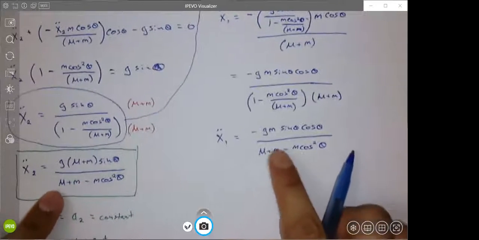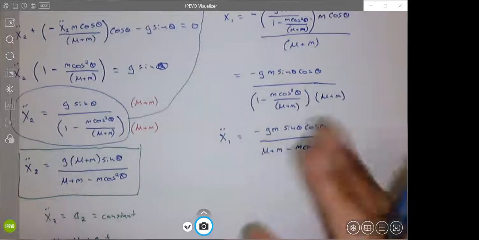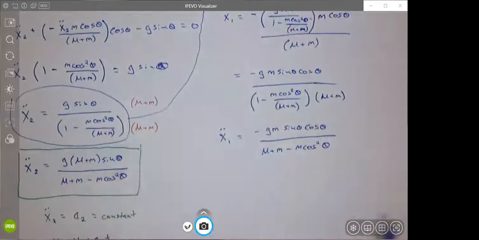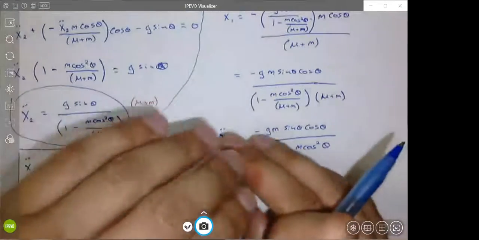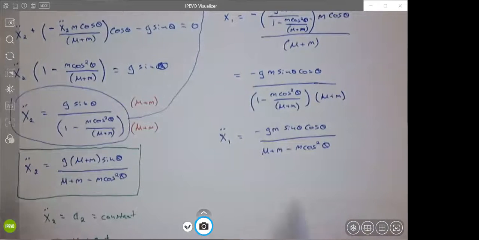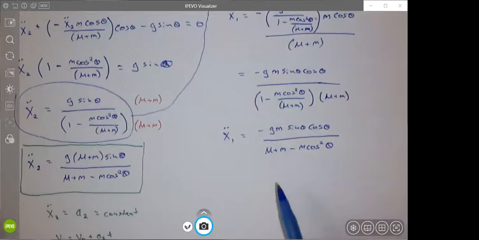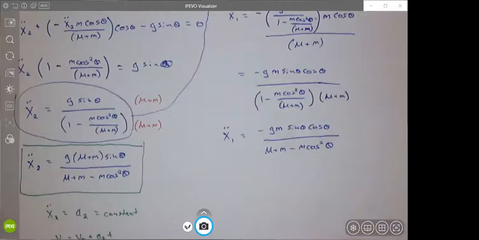Looks similar. This one has a negative sign. So it looks like one is going to be accelerating one way, the other thing's going to be accelerating the opposite way. Makes sense. When a thing slides down, the incline gets pushed that way and the other object will get pushed the other way. So that sort of makes sense. And everything else looks pretty nice.